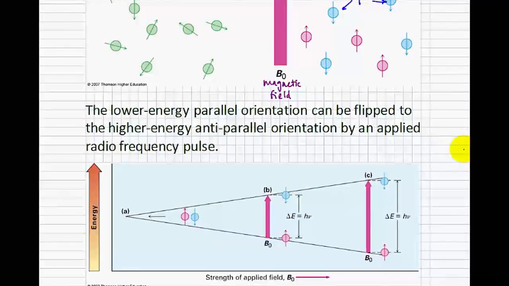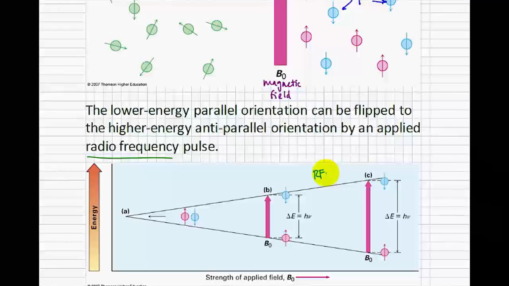So we start out with those spins all arranged like that, with a slight excess in the parallel direction. It turns out, though, if we apply some electromagnetic radiation of a certain frequency, and the useful frequencies for us in NMR are within the RF, the radio frequency range, so much lower in energy than infrared or visible or ultraviolet, most of the other types of spectroscopy.